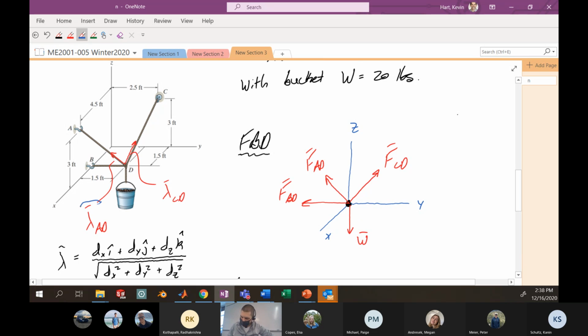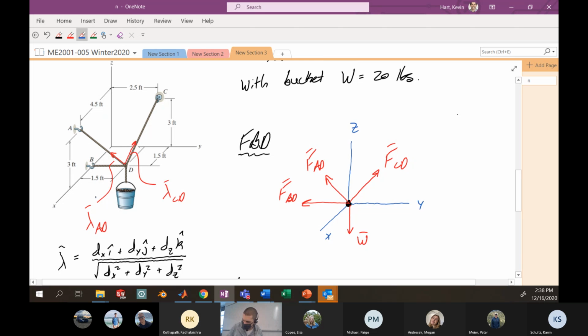So we'll first start with lambda AD. And my general formula is here. We'll remember that this dx, dy, and dz represent the distance that you have to travel from point to point to get from one point to the next.